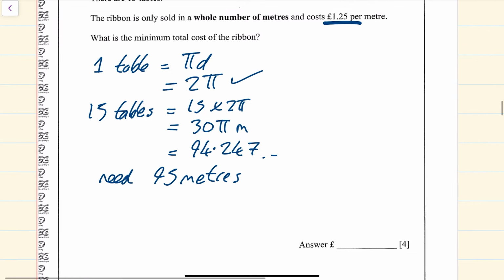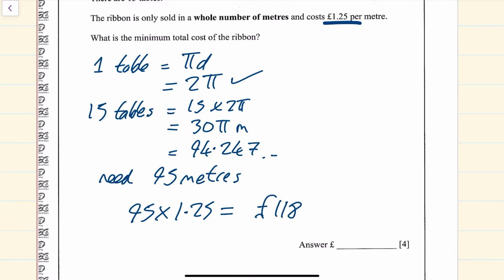The minimum cost is 95 times 1.25, so it's going to cost her £118.75. Because if you have just 94 meters, it's not going to be enough. You have to have the extra wee bit, so you need the 95 whole meters.